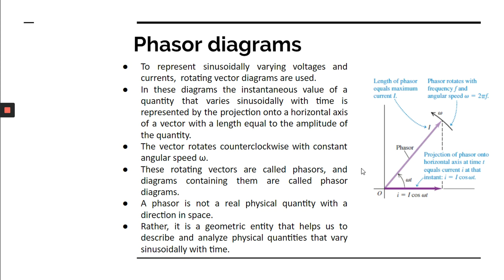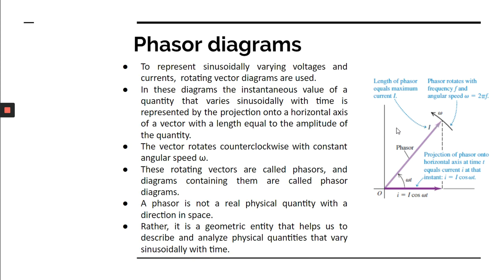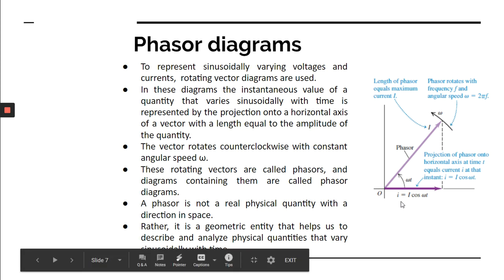Remember one thing: if we were representing I equal to I sin omega t, the projection should be on the vertical axis. But as we are representing I equal to I cos omega t, this is along the horizontal axis.